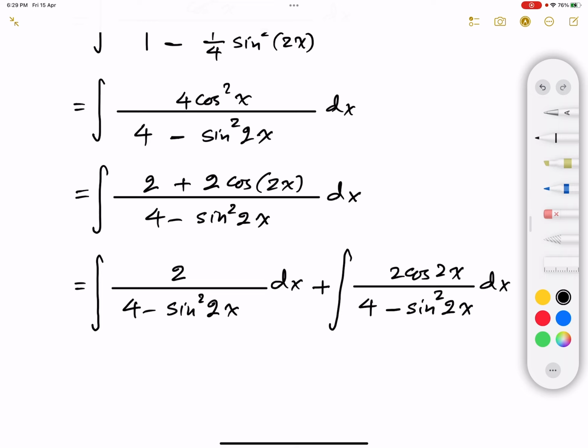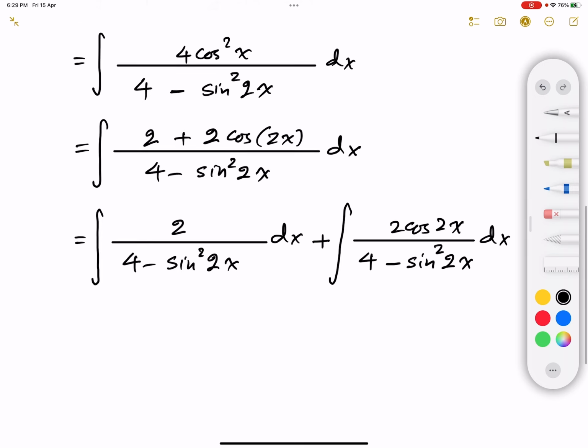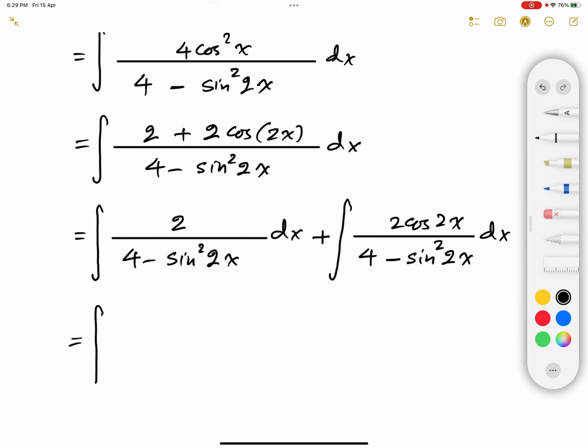Okay, and for the first integral, what we can do here is divide both the numerator and the denominator by cosine squared. So that's going to give us 2 secant squared of 2x, and 4 is going to become 4 secant squared, also of 2x, because we divide that by cosine squared, and sine squared divided by cosine squared is going to give us tangent squared.